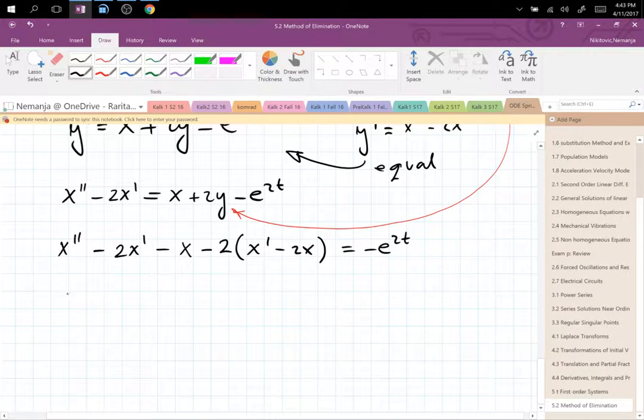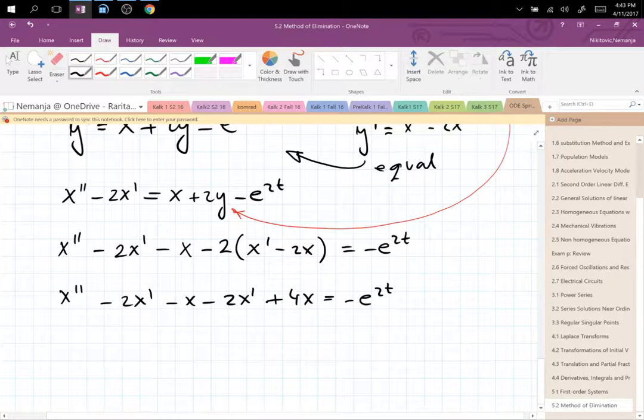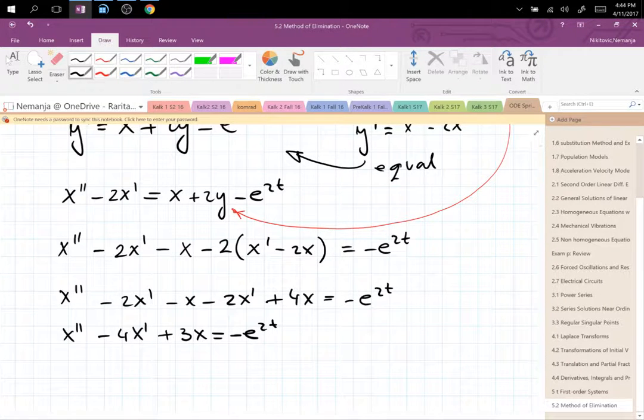So we have x double prime minus 2x prime minus x minus 2x prime plus 4x is equal to negative e to the 2t. So that's x double prime minus 4x prime plus 3x is equal to negative e to the 2t. So now we solve the homogeneous half first.